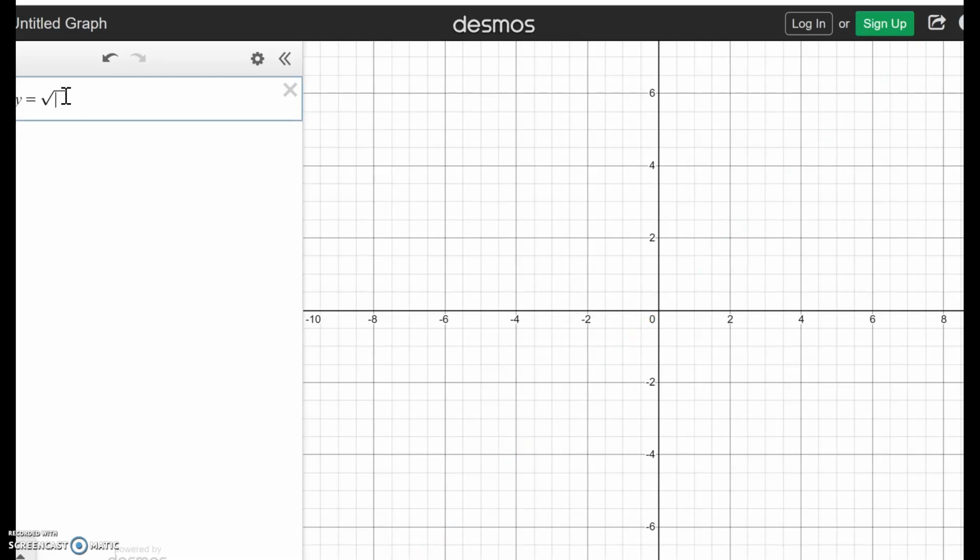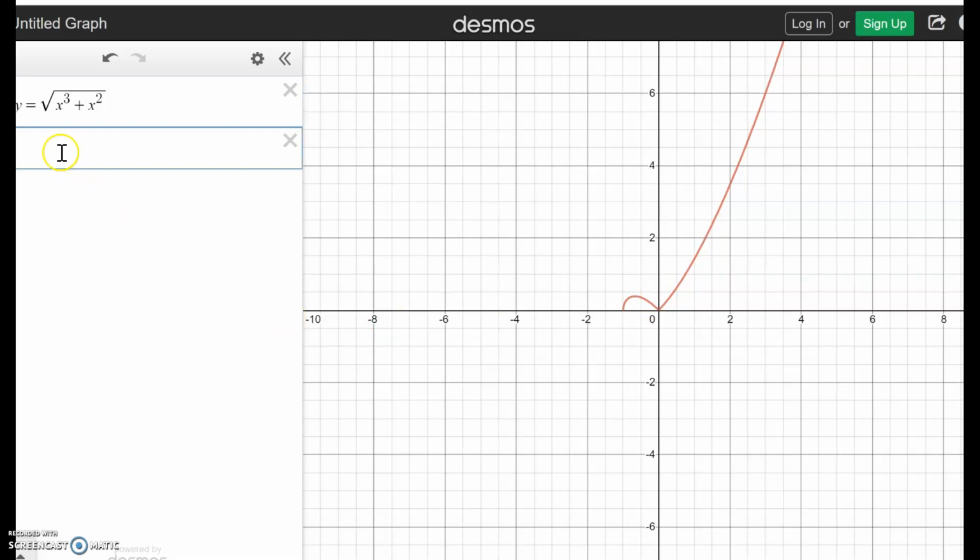You can type sqrt for short, and then it becomes a square root symbol. x to the third power plus x to the second power. So there's our first function, that's like the h. Now press enter.